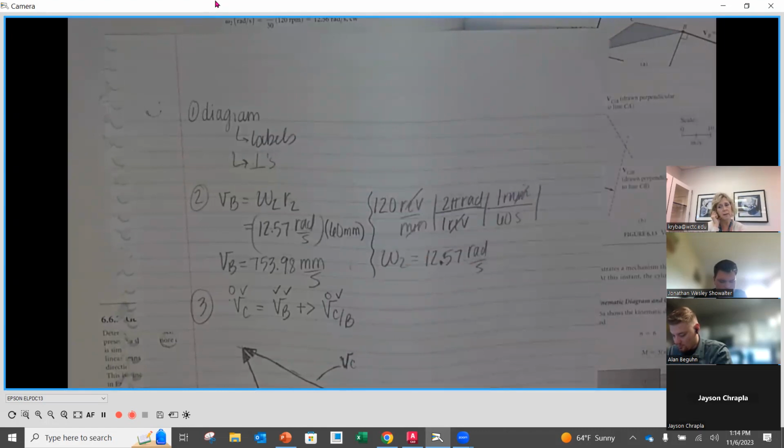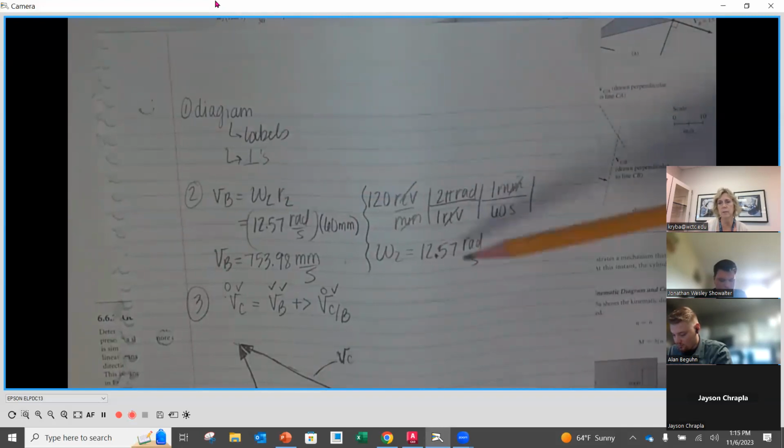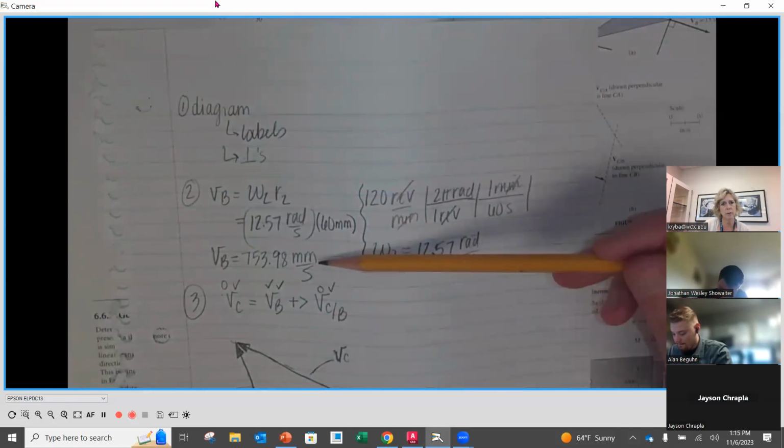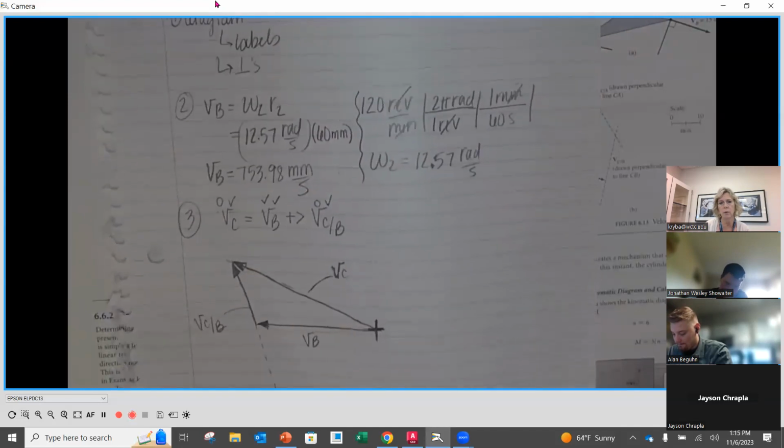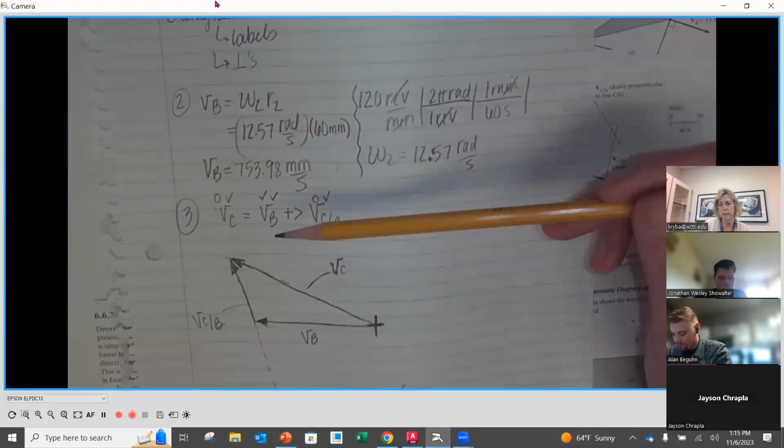So on the crank side of this one, we could calculate what that velocity of B was based on the rotational speed of the crank and its distance from its center of rotation. Remembering that in and out of this equation, W has to be in radians per second. So our input speed was given to us in RPM, so we had to convert that first. Then once we knew that magnitude, we could go to our relative velocity vector equation and set it up in the way that we did before.